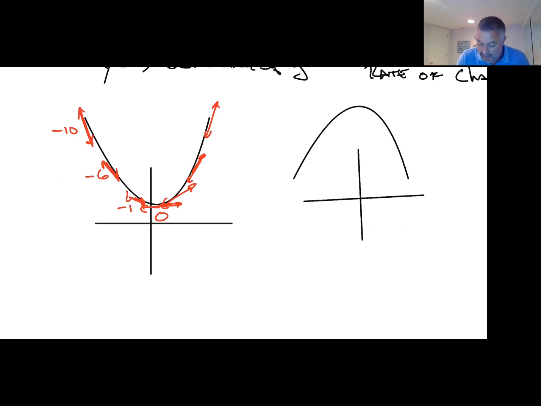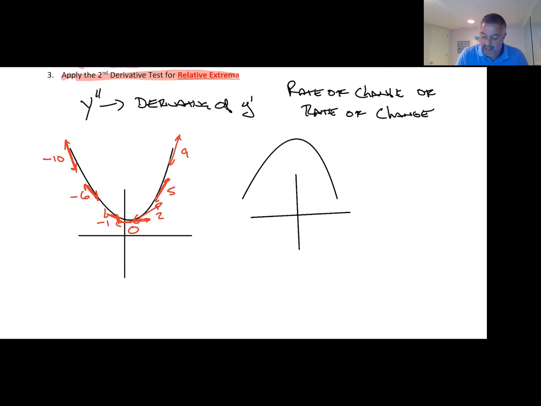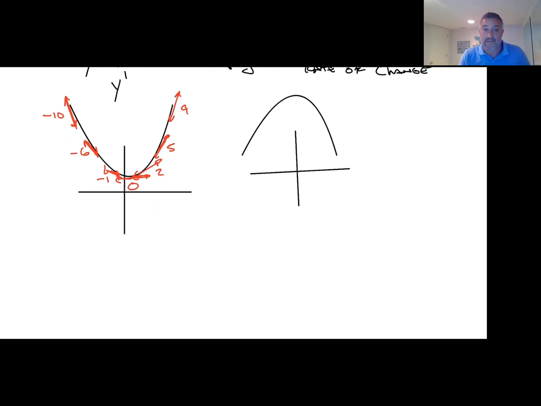And then I could have a slope of 2, and then 5, and then maybe 9. And I should have said this first, this is a graph of y prime, right? So let's look at what's happening to our slope. This is not the graph of the function, this is a graph of y prime. It's going from -10 to -6 to -1 to 0 to 2 to 5 to 9.